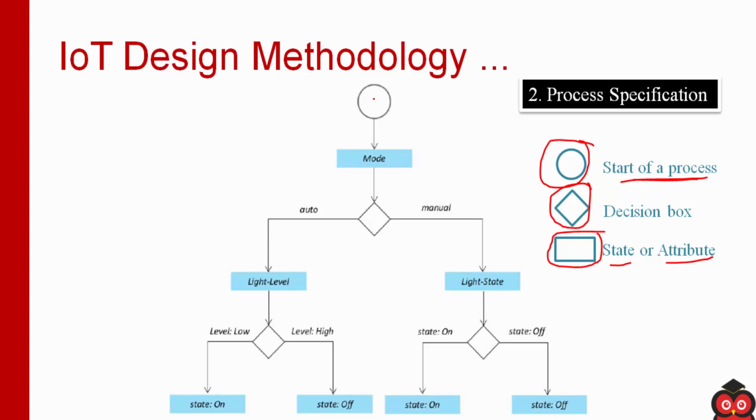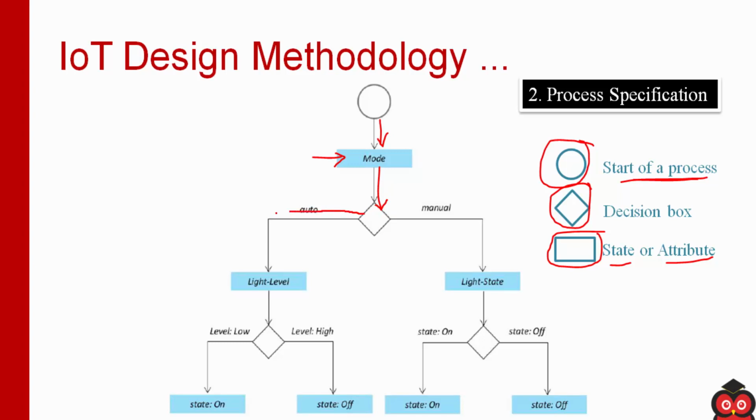Okay, so the process is starting, that is we are running the web application. Now in the web application the user will see an option for setting the mode. Do you want auto or manual? So the client has to make a decision. That's why we have a decision box here.